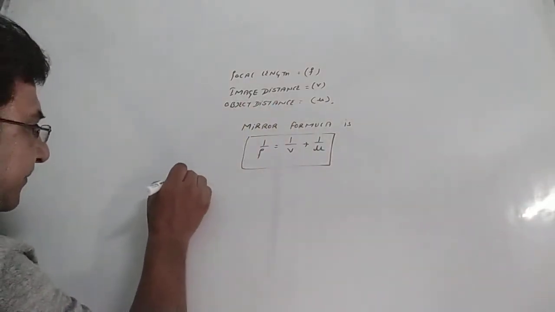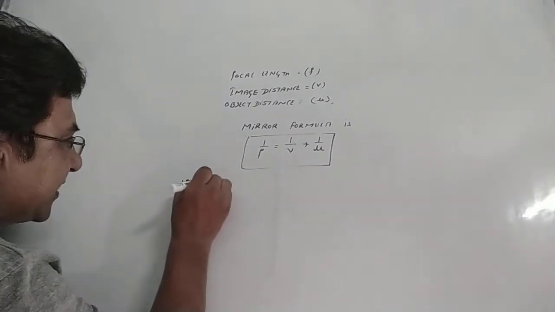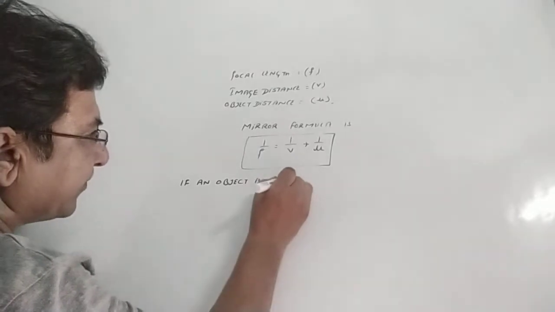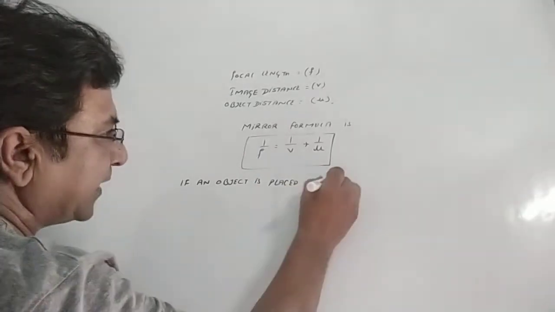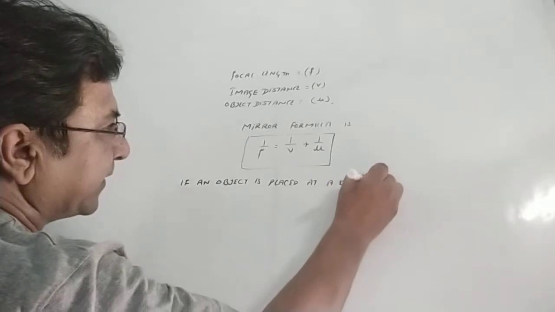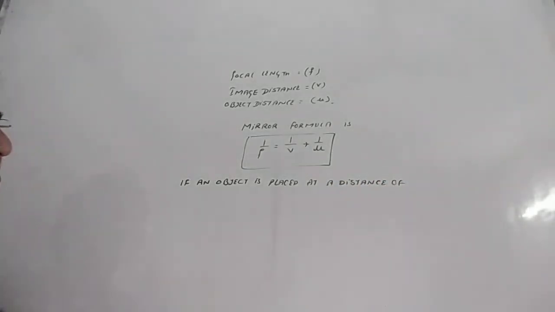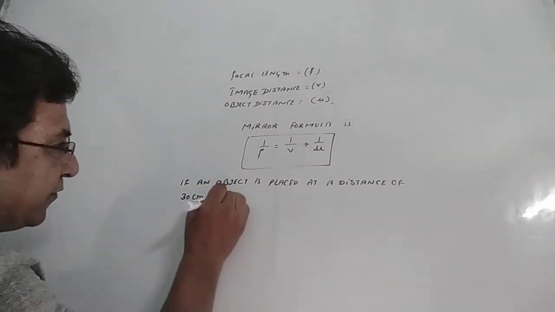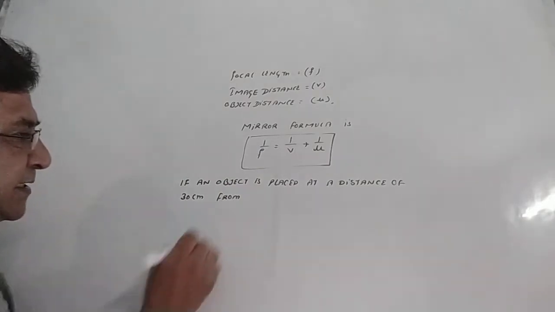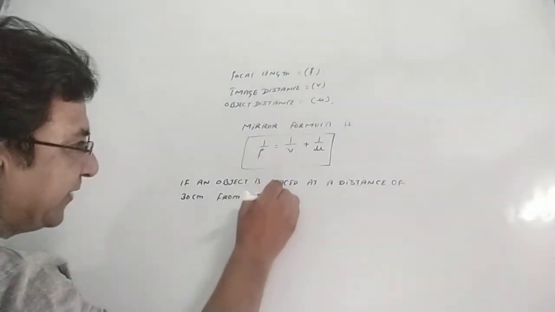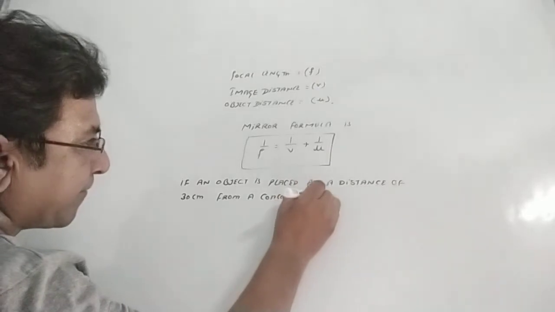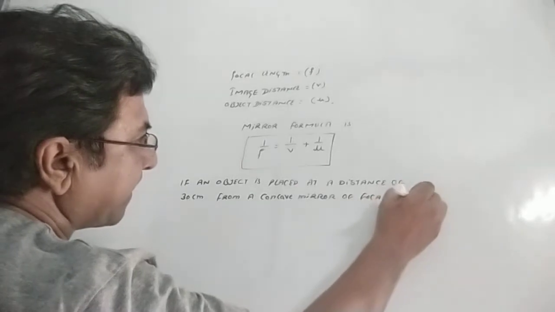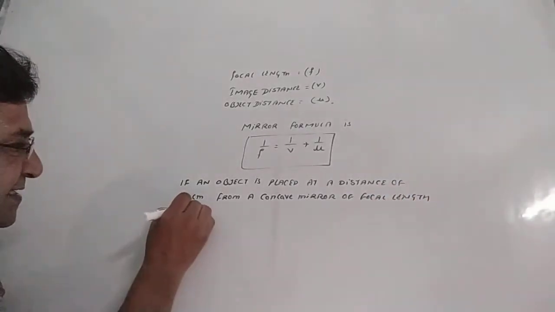Okay, suppose an object is placed at a distance of 30 centimeter from a concave mirror of focal length 15 centimeter.